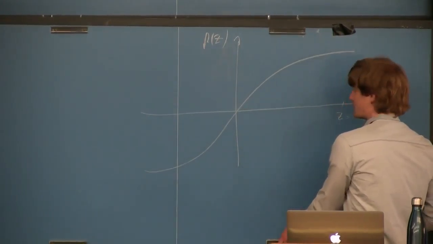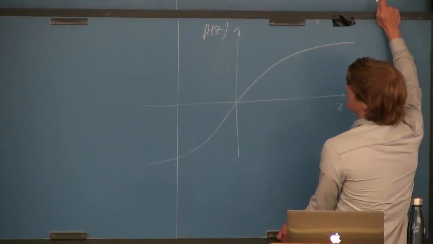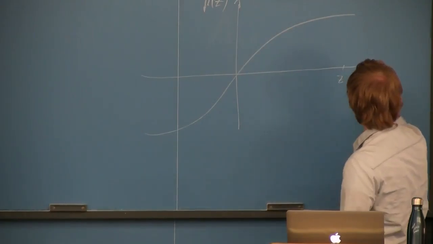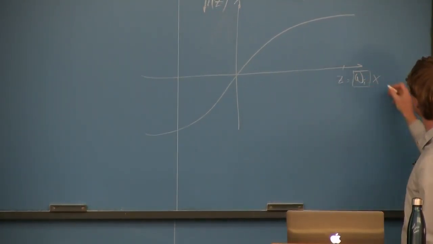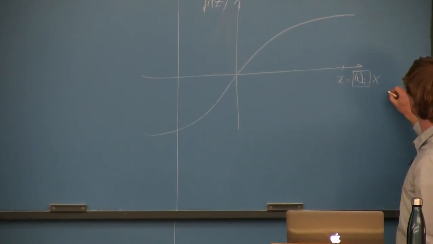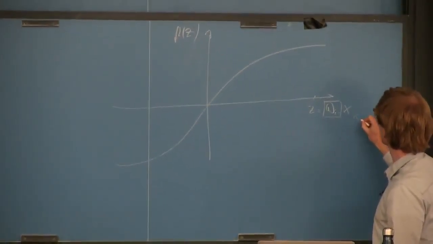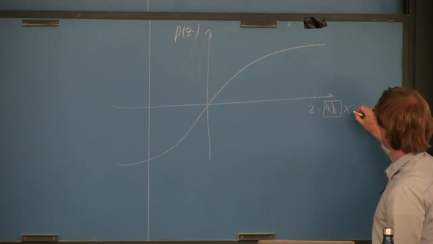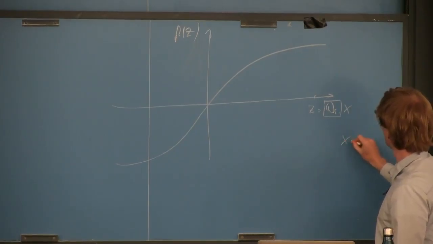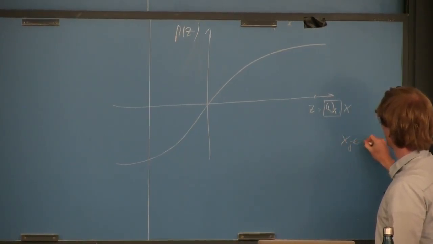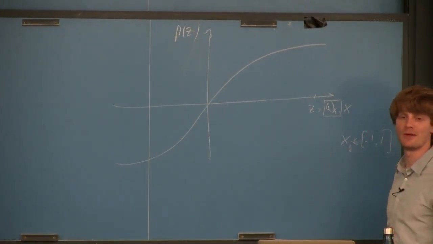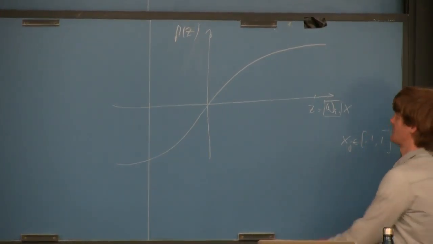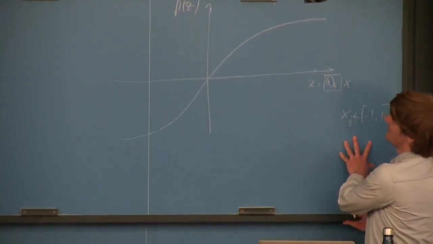Now, let's say we want to compute our derivatives for f of z, and let's say we initialized our weights w here. Let's say all the x elements, so each x_j, is roughly between -1 and 1 from our word vectors. We can pre-process them, for instance, to be like that.